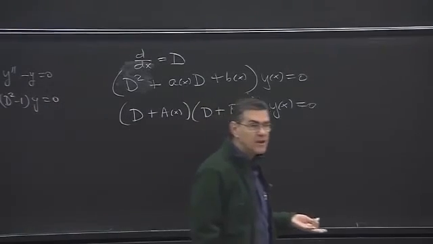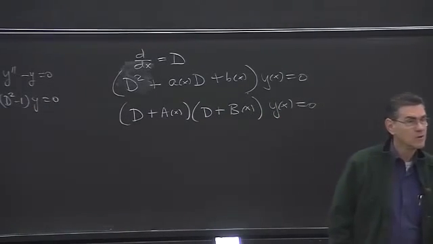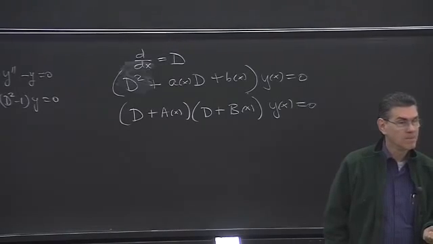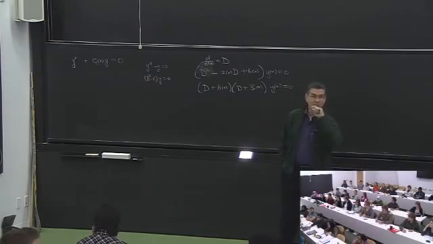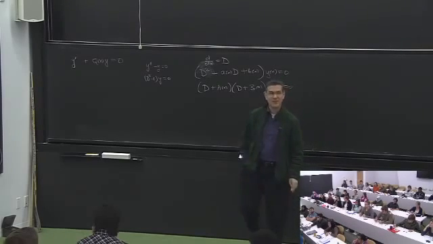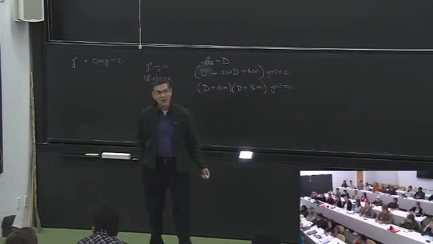Is 899 a prime number? No. Well, why do you say no? 30 minus 1 and 30 plus 1, phenomenal. Very good. It's not a prime number because its factors are 29 times 31.